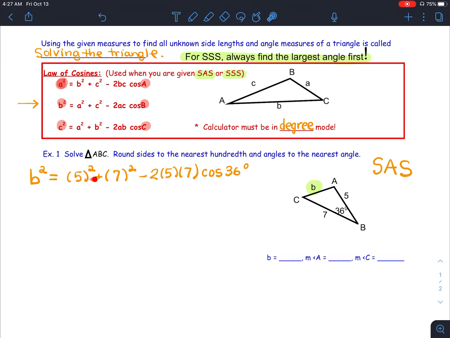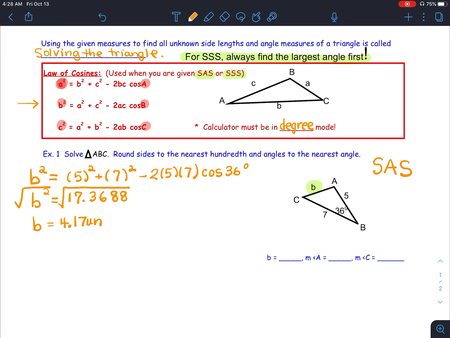So you're going to grab your calculator and type the entire right side into your calculator. Now, ideally, you would not want to round this number at all. I'm going to carry it out a little bit when I'm writing it on my paper. But you're going to type all of this in. Important, you're in degree mode. You're going to see a number roughly 17.3688. And then you will take the square root of that entire answer, and this will reveal to you what the length of side b is.